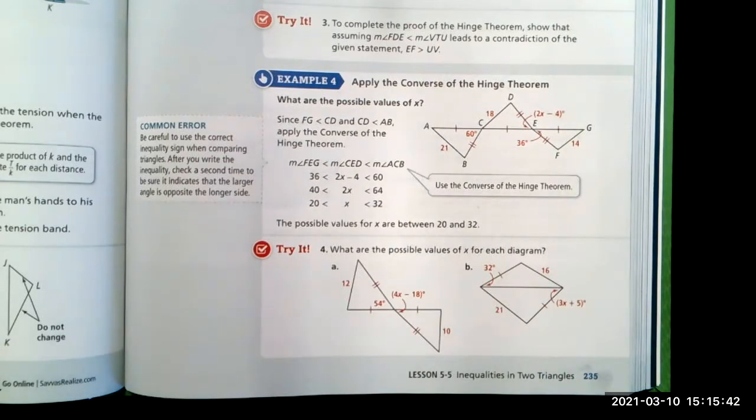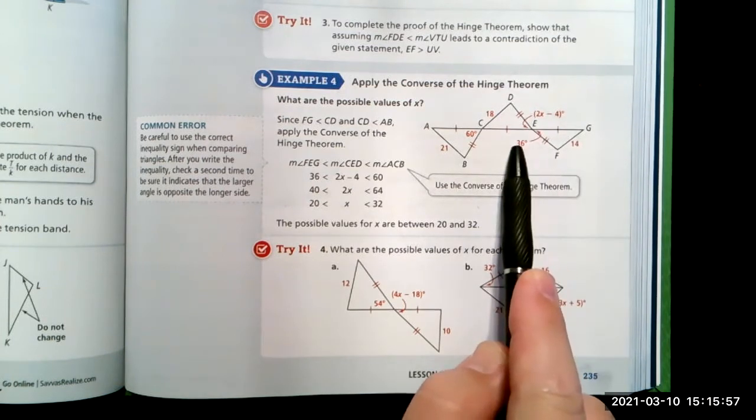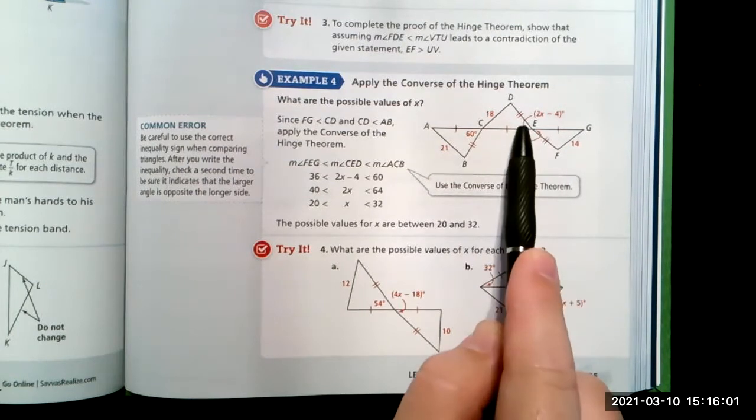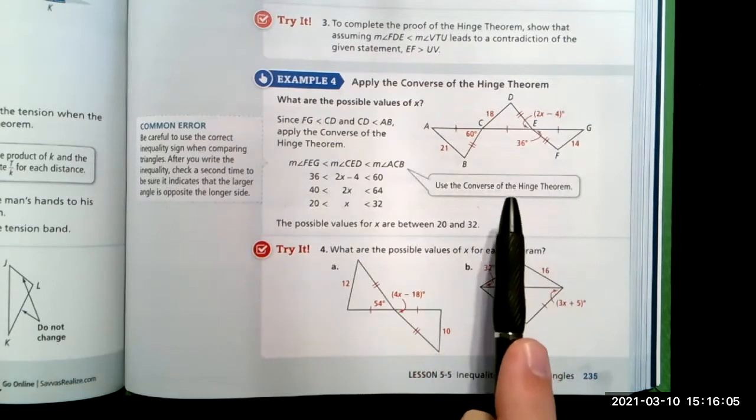So just like the theorem states, when 2 out of the 3 sides are equal to each other in two triangles, you can look at the relationship of those angles. We'll look at this one. For this triangle right here, angle E is 36 degrees, which means that the opposite side, the vertical angle, will also be 36 degrees.